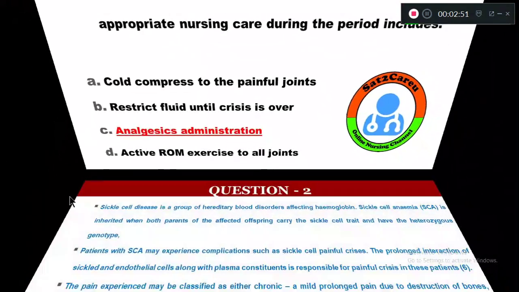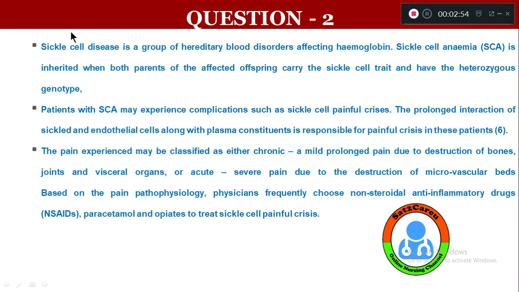Sickle cell crisis can induce severe pain. Sickle cell disease is a group of hereditary blood disorders that affects the hemoglobin. Sickle cell anemia is inherited when both parents of the affected offspring carry the sickle cell trait and have the heterozygous genotype. Patients may experience complications such as sickle cell painful crisis. The prolonged interaction of the sickled and endothelial cells along with plasma constituents is responsible for painful crisis.